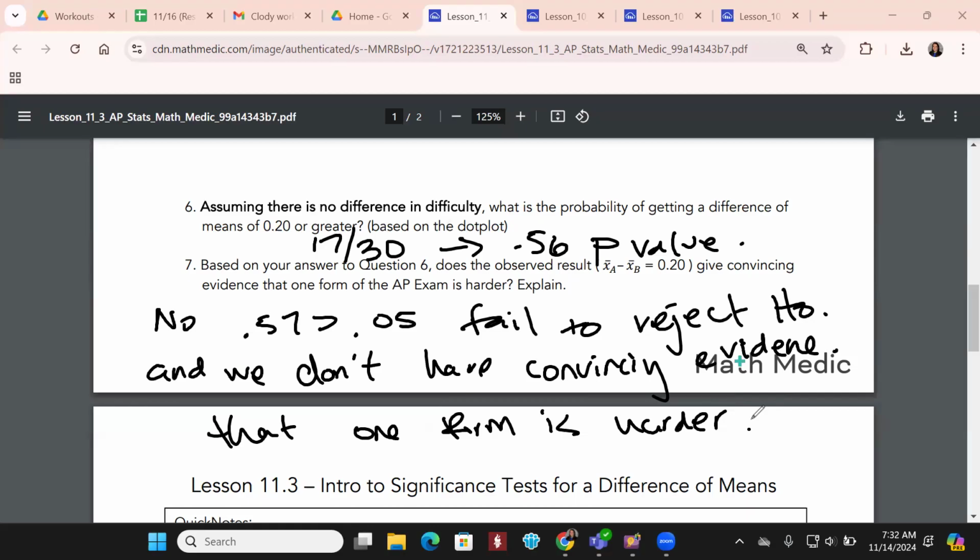The reason why we did the ones below is because if we switched, if we had subtracted 4 minus 4.2, we could have gotten that one as well. Good? Questions?